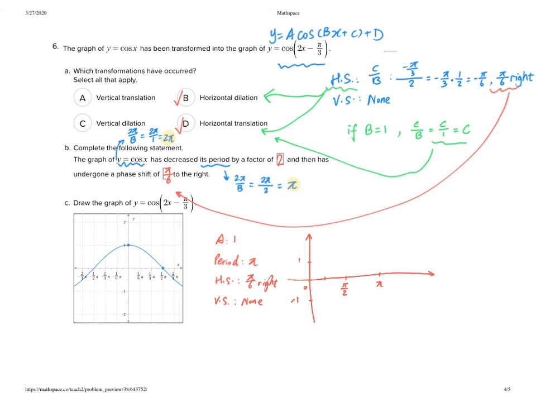Between 0 and pi over 2, 0 plus pi over 2 divided by 2. If you cannot do that in your head, please write it out. Pi over 2 divided by 2. Keep, change, and flip. Divided by 2 becomes multiplied by 1/2. So you have pi over 4.